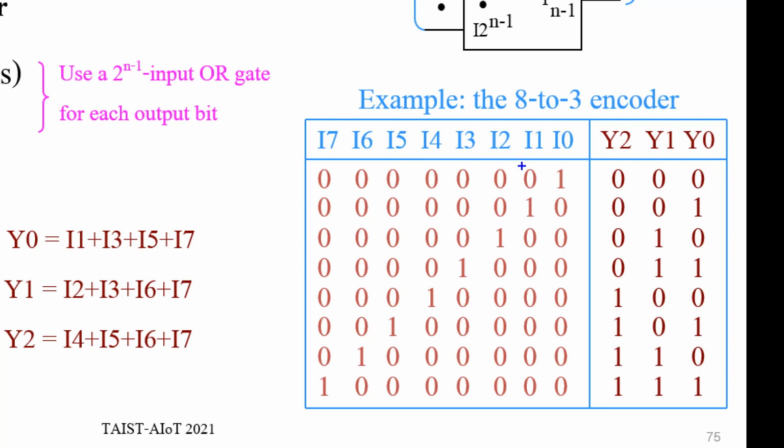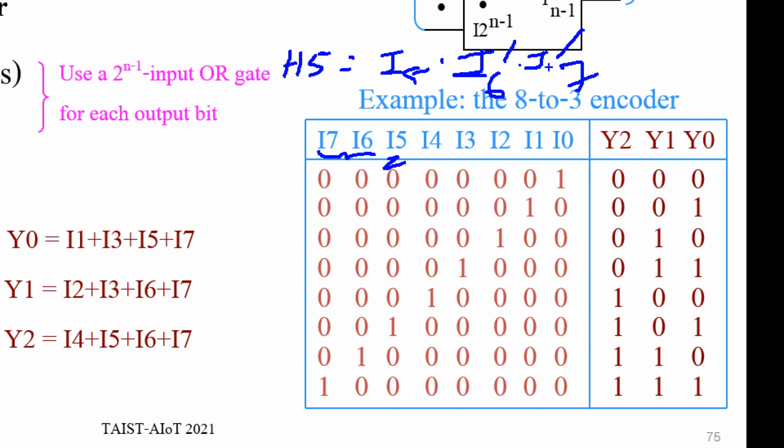That means the first step, you should find out which input is the highest priority, right? For example, if the highest priority is 5, that means I5 must be active, and the higher priorities must not be active, namely I6 prime and I7 prime.